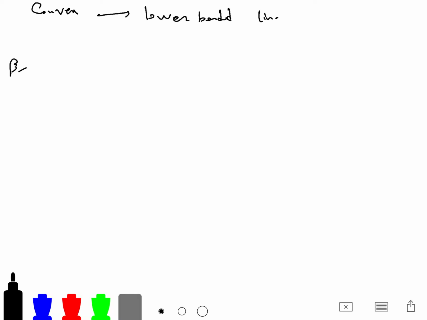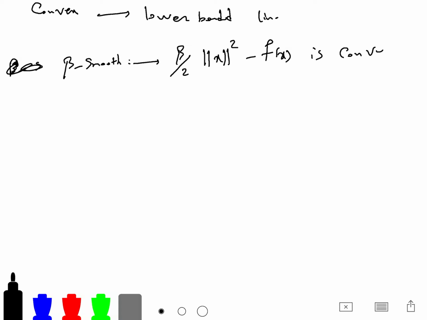But for beta smooth, I use the quadratic upper bound property. I recall the definition: f is beta smooth if and only if beta over 2 times x squared minus f of x is convex. And we found a better convergence rate, a better achievement, rather than just using convexity.